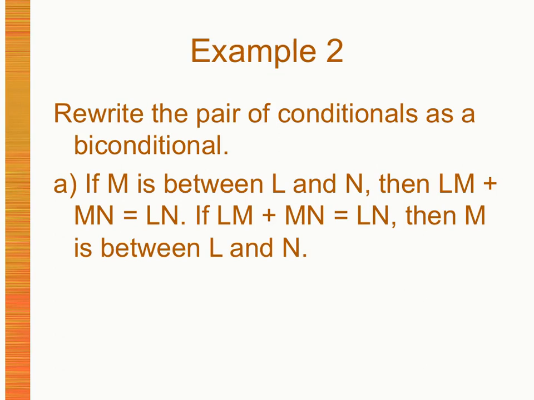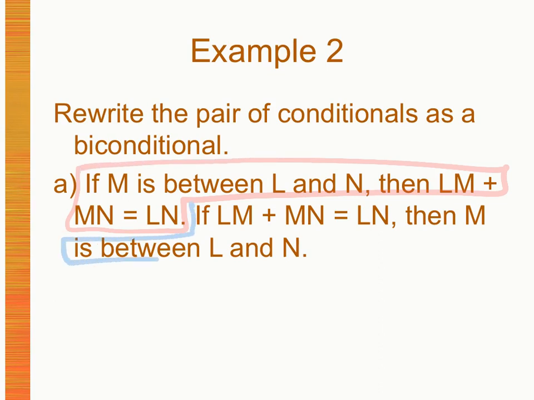Okay, so here it says to rewrite the pair of conditionals as a biconditional. So I have my first conditional here, and then here's the other one. Again, remember, it doesn't matter if I use the original conditional or its converse to rewrite this.